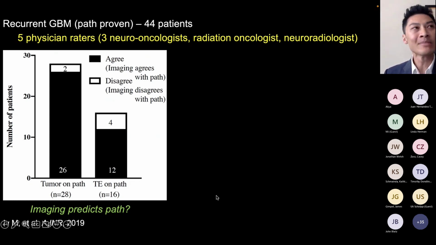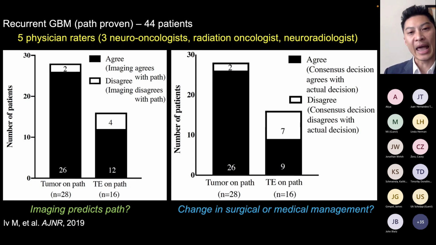And then we decided to see if that would affect surgical or medical management. Here we asked the consensus panel, based on the imaging, which again included FTB, if they would change surgical or medical management. Then we compared that decision to what actually occurred in real life, which was based on the histopathology, obviously.